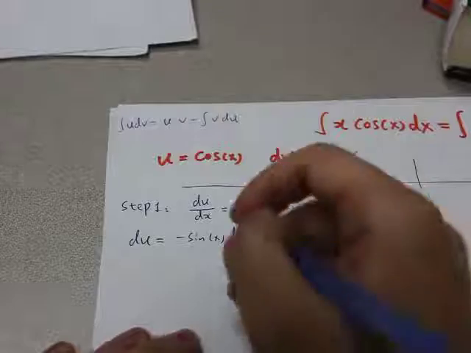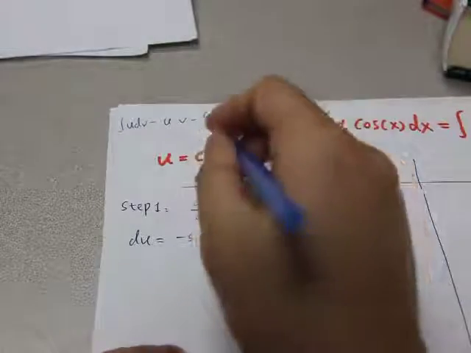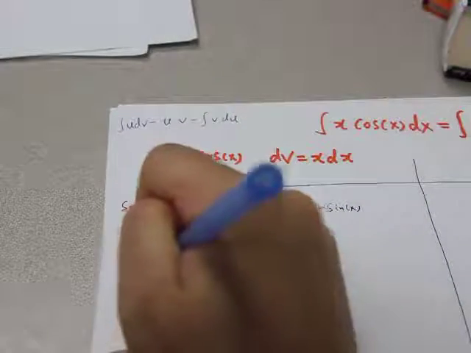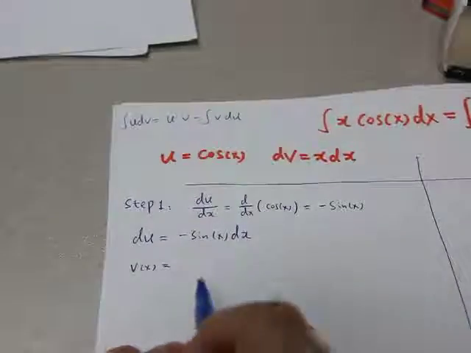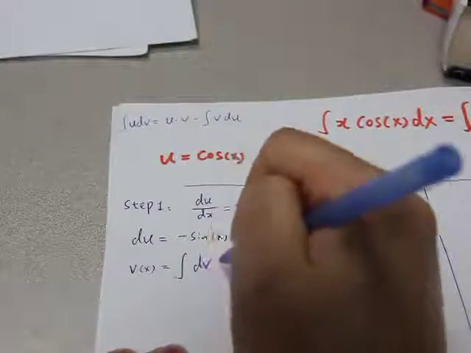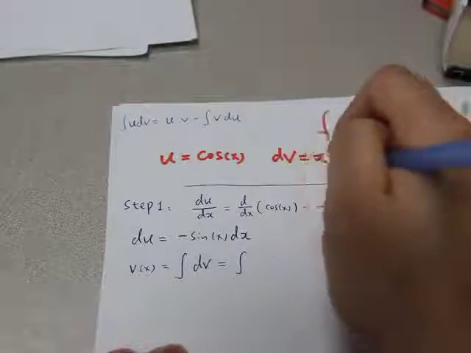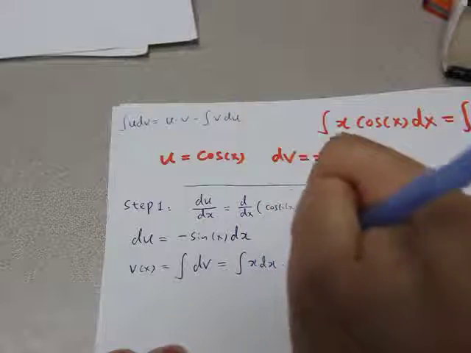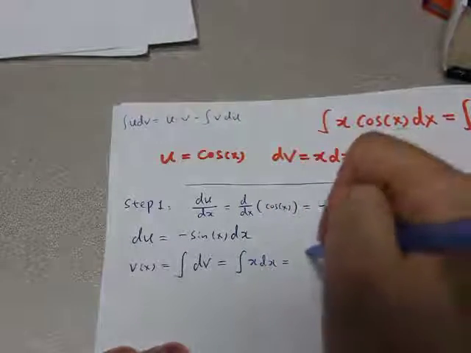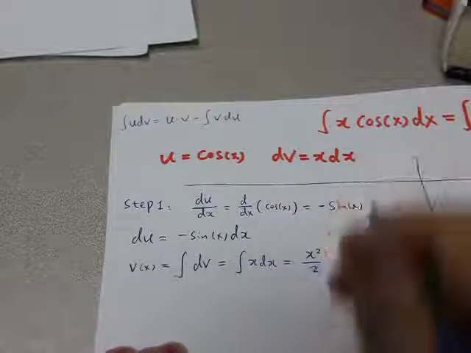Okay, and then we figure out v of x. To figure out v of x, we integrate dv. So that means we integrate x dx. So we have x squared over 2.